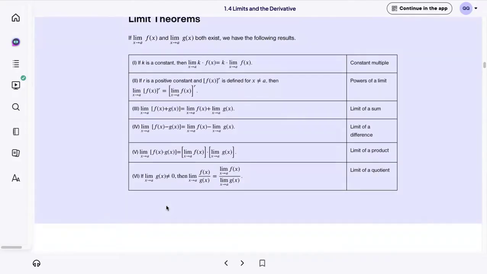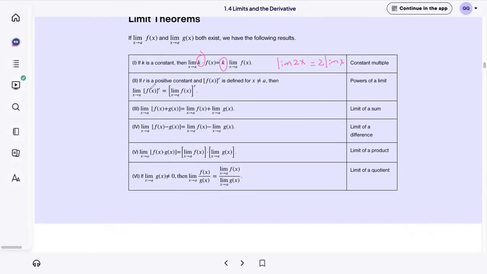Because the limit, if it exists, is a number, anything we can do with a number, we can do with a limit. So the first one, let's see the property. For a constant multiplied by the function, we can pull out the scalar. Let's see, if we have the limit of 2x, this equals 2 times the limit of x.